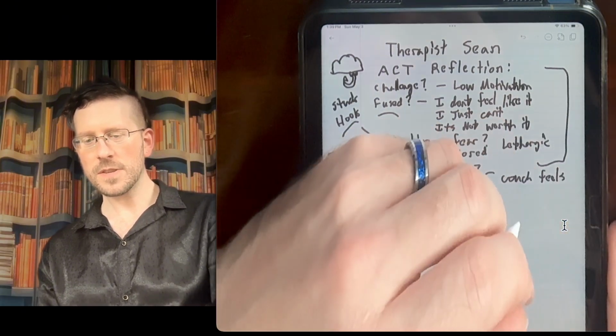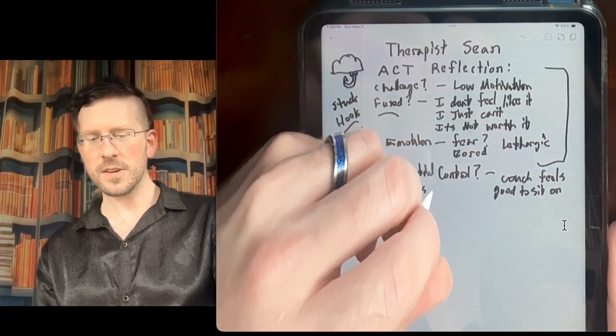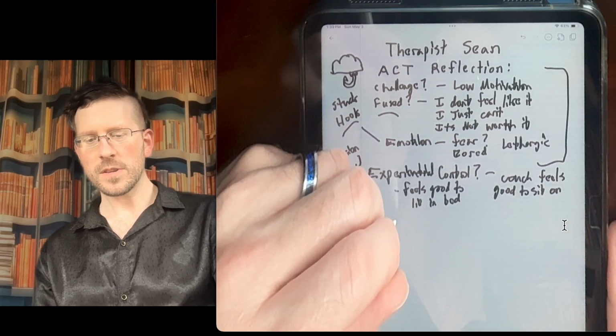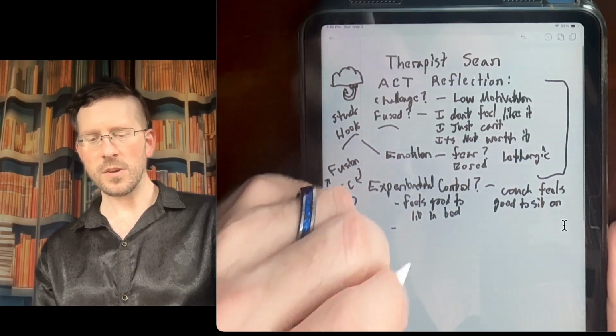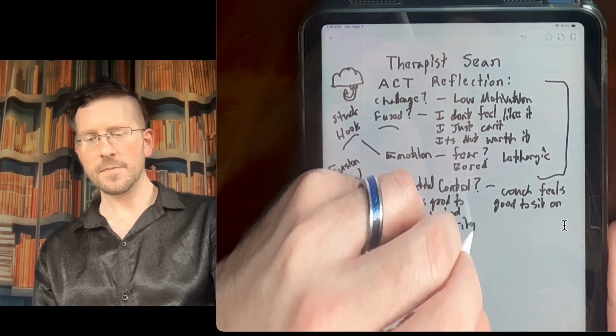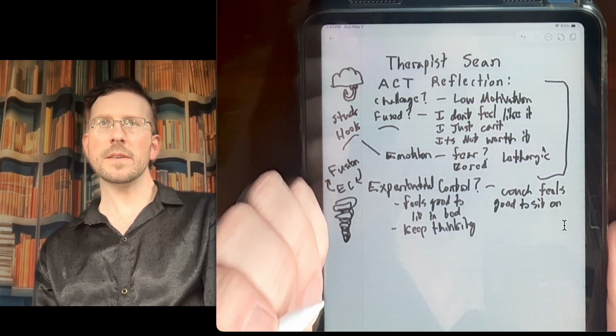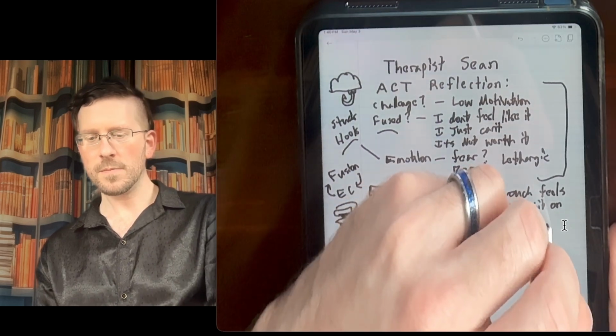Couch feels good to sit on, or feels good to lie in bed. Or how else could control show up? It could show up mentally within the mind, as it so often does. It could show up as I keep thinking about just what it is that I'm not doing with my day.